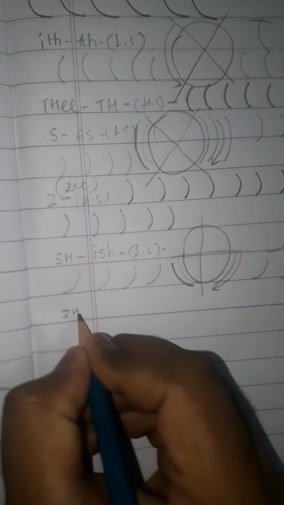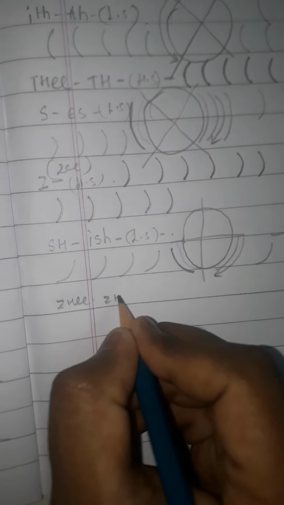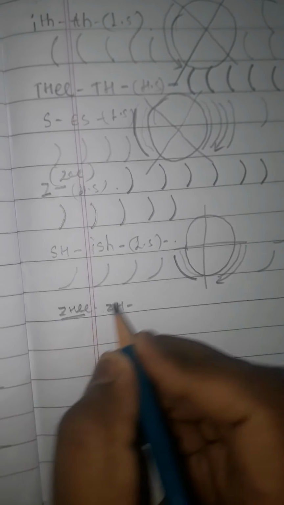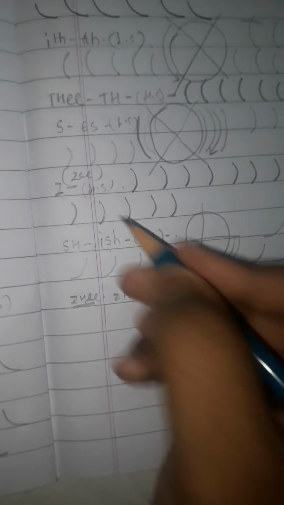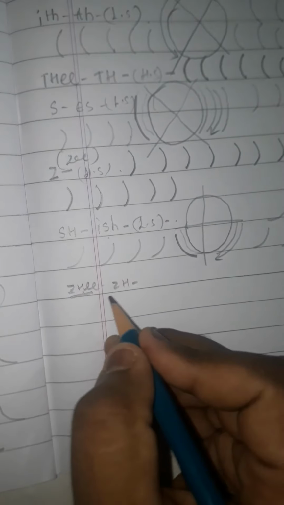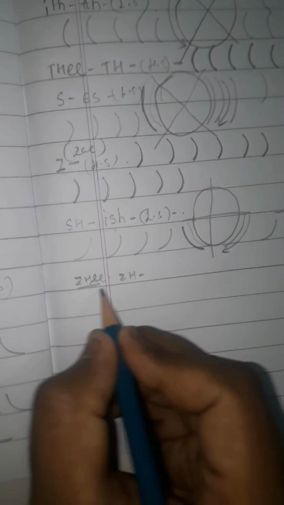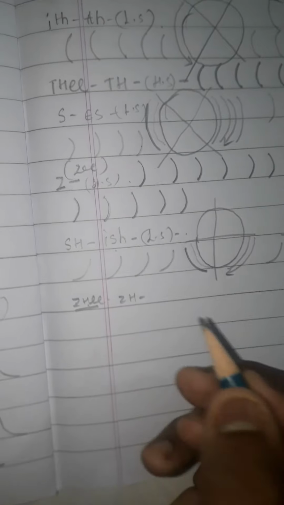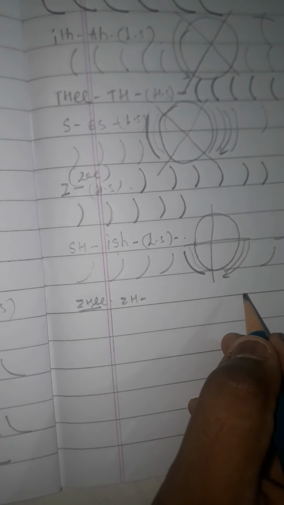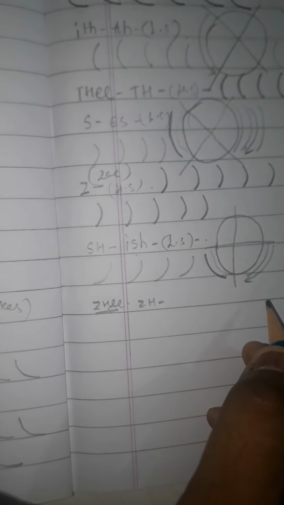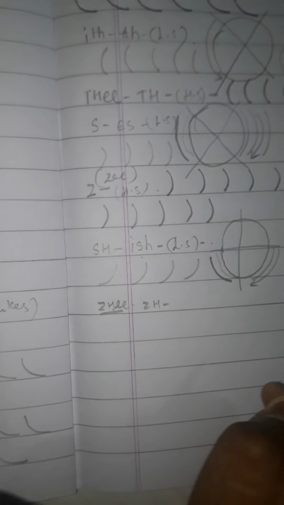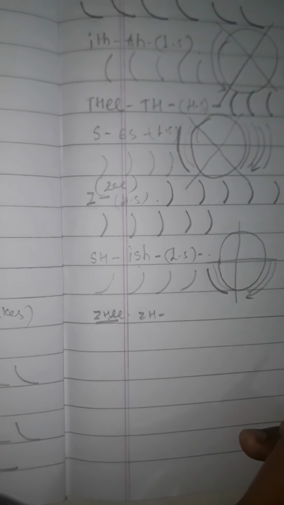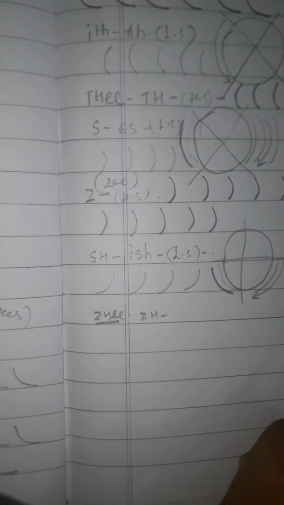After SH we have ZH, that is called Z. If you want examples: treasure, in treasure we have the Z sound; vision, in vision we have the Z sound.